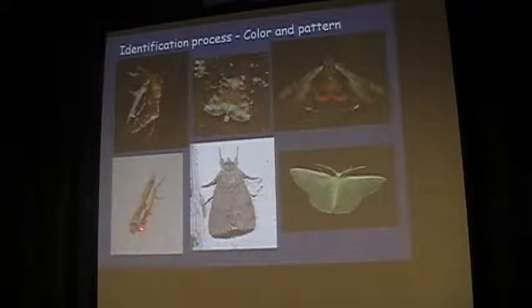This is a grass veneer. If you walk across your lawn and little moths pop up, that's these guys. They're called grass veneers. They're often amber and white, but they have a little silvery color on the end of their wings. This is the dagger, which are common forest moths. And you think that's just a gray moth, but you can see very subtly, these are the spots, and then it has little dagger marks, these little dark slashes here and there.